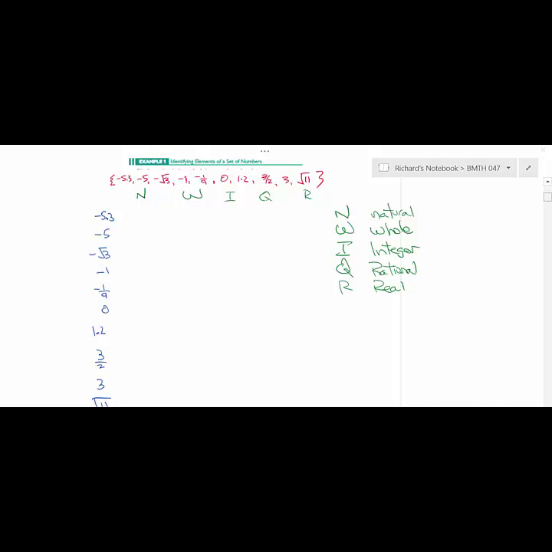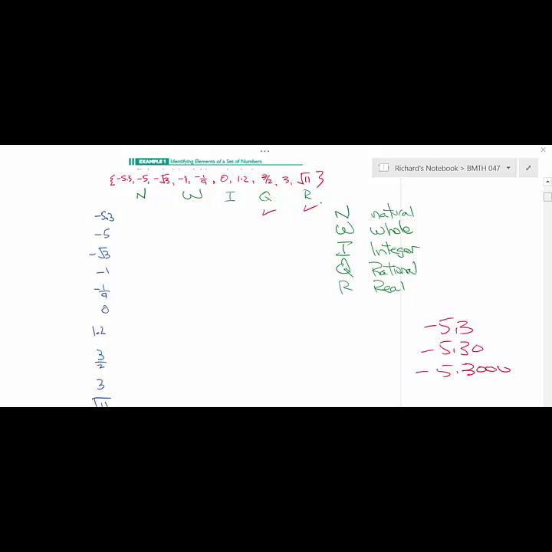They're all the same number, and they're an exact number. It doesn't matter how many zeros I put there, it's the same number. So that's a rational number and a real number.